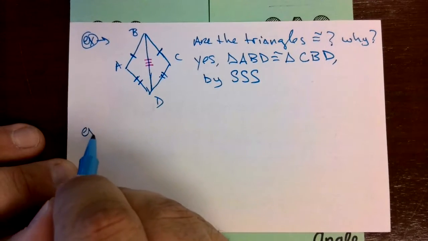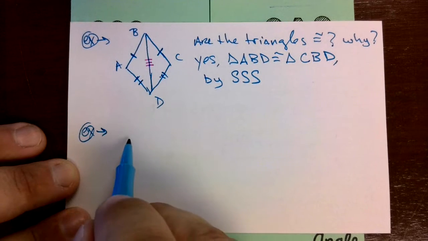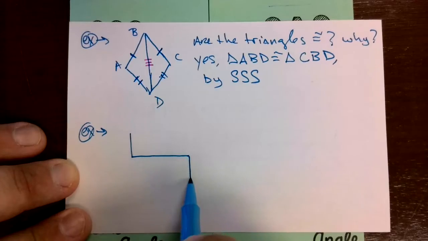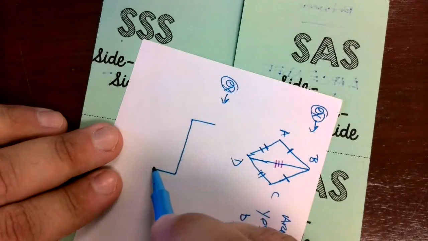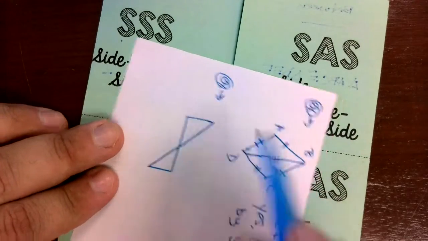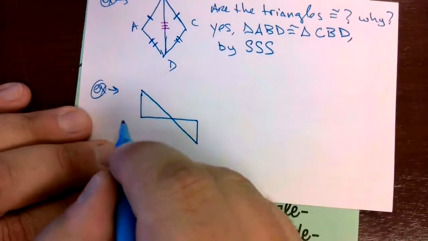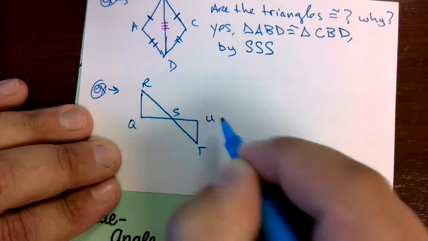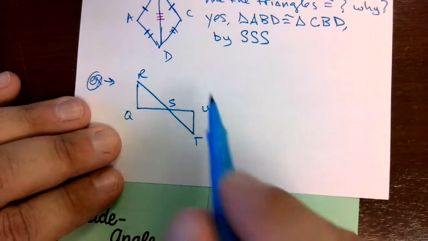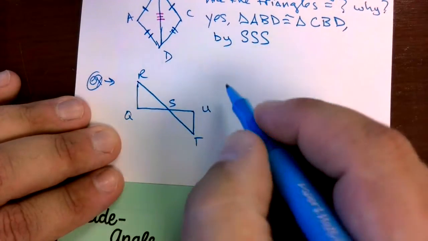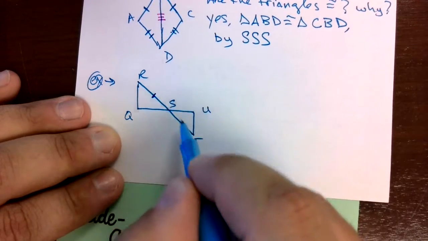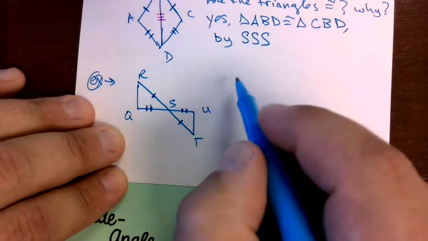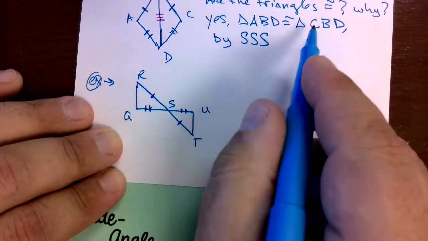Another kind that we're going to see would look something like this. And what you would see here is marked up like this. So same kind of question up here.